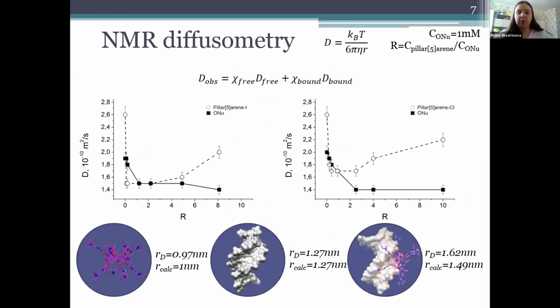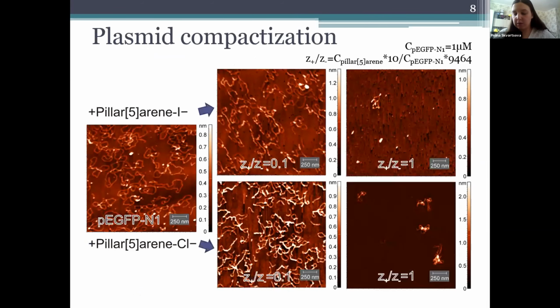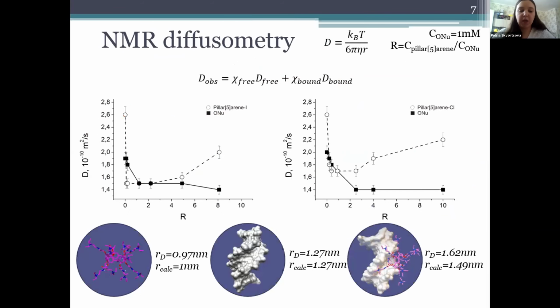Another way to study intermolecular interaction is NMR diffusometry. The self-diffusion coefficient is inversely proportional to the hydrodynamic radius of a molecule. Wherein for a system with fast exchange between possible states on the timescale of the NMR experiment, the observed self-diffusion coefficient is the average of self-diffusion coefficients in free and bound state.